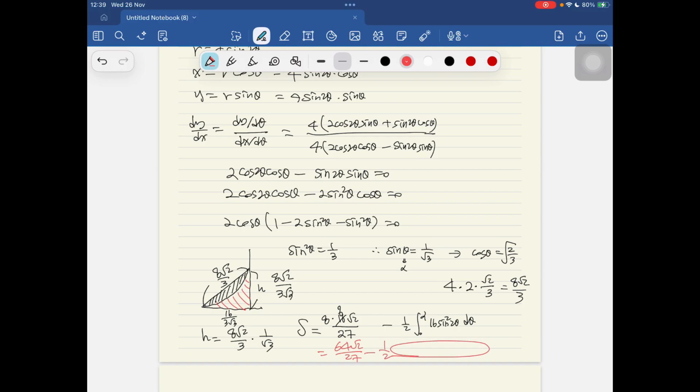But when you calculate this one, I think you can use sine theta and cos theta. Or, as I mentioned, because you can use the calculator, you can find alpha, which is the acute angle here, then you can plug it in there.